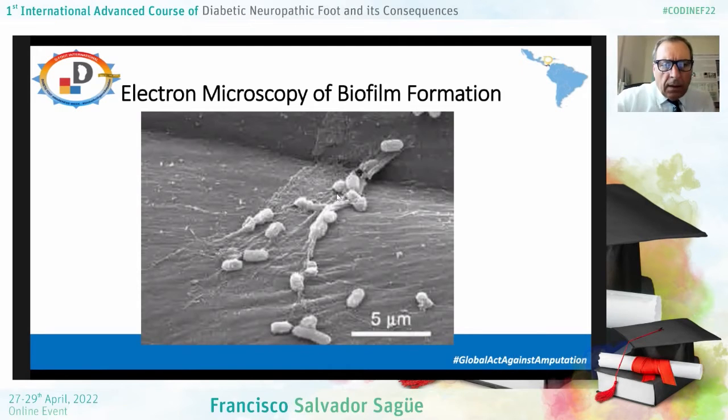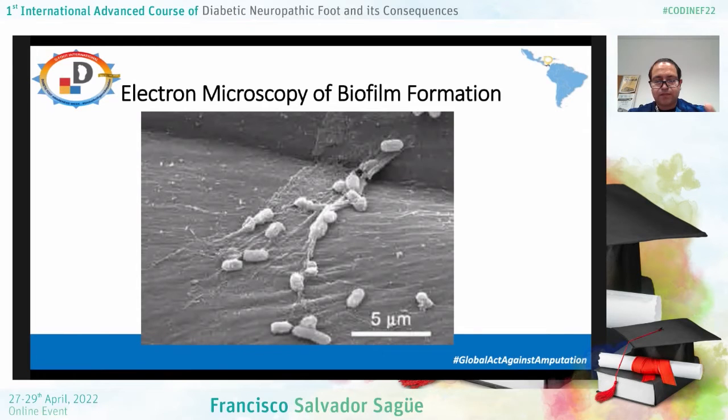This is the biofilm, the matrix of the biofilm formation in the lesion in the skin, studied under electron microscopy, and we can see the microorganism and the matrix of the biofilm.